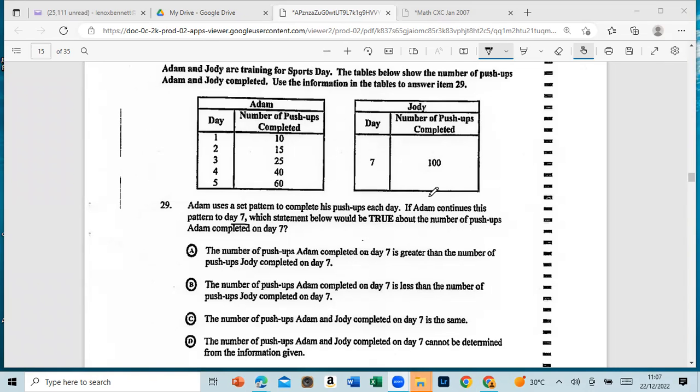The number of push-ups Adam and Jody completed on day 7 cannot be determined from the information given.